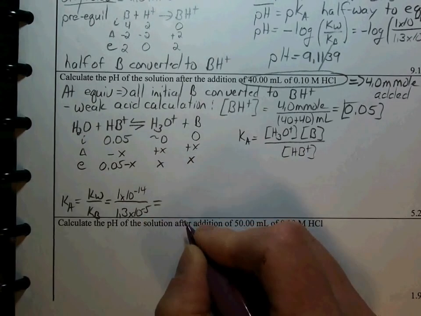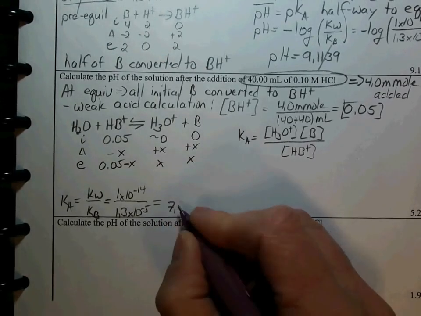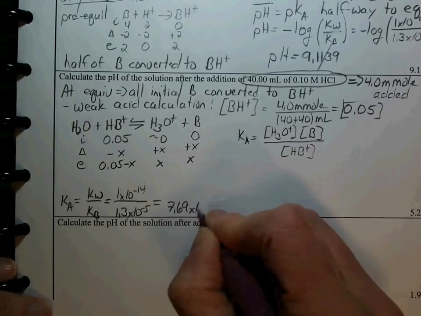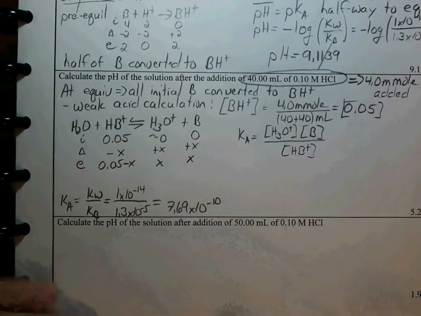And we have a value of 7.69 times 10 to the minus 10. Okay, that's a very weak acid.